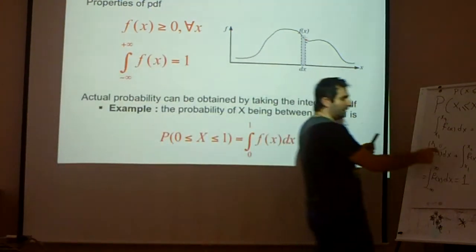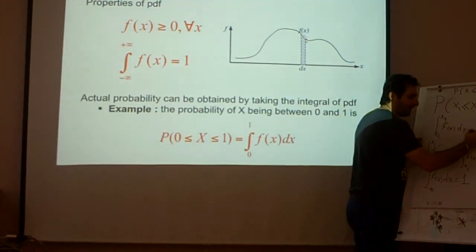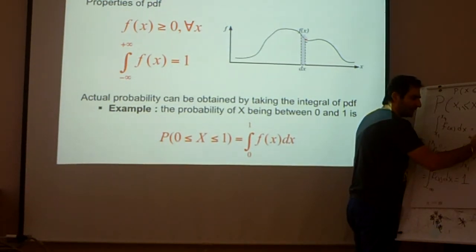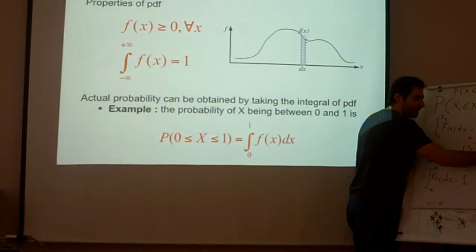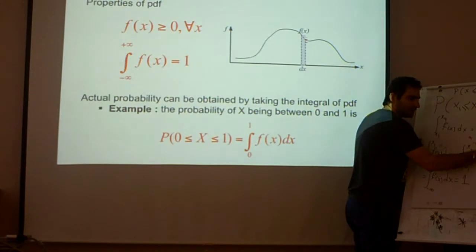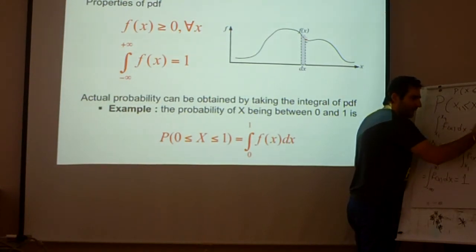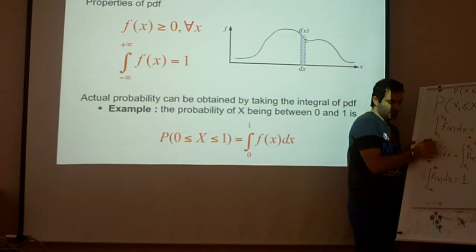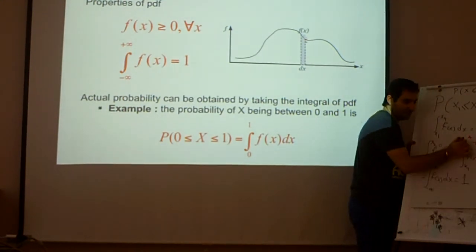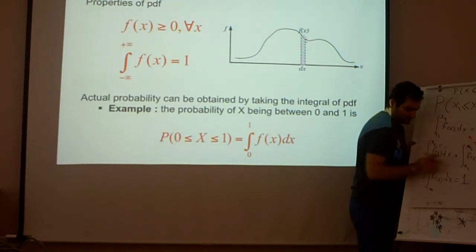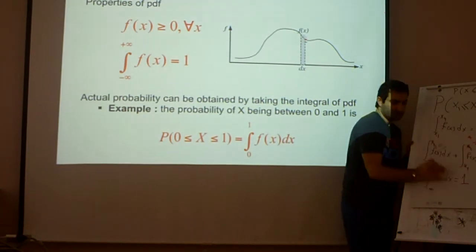What I have done here is this: integral of a to b of fx dx plus integral of b to c of fx dx is equal to integral, these are the same, so I can cancel it and write it from a to c of fx dx. So here the x1s are the same, here the x2s are the same, so it will be from minus infinity to plus infinity.